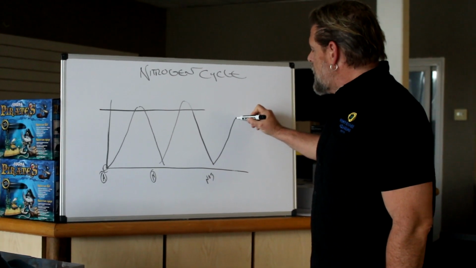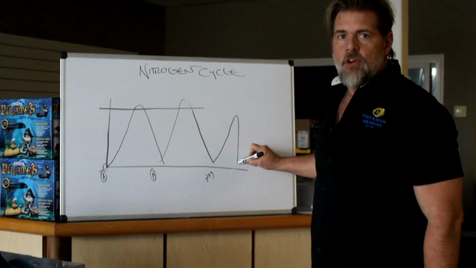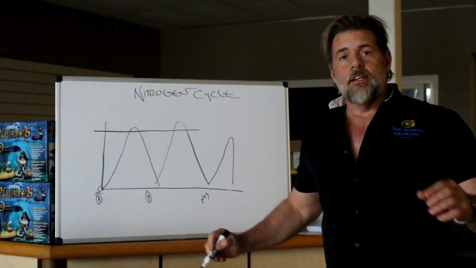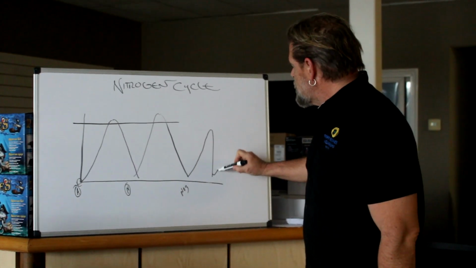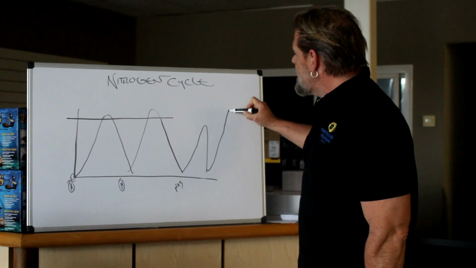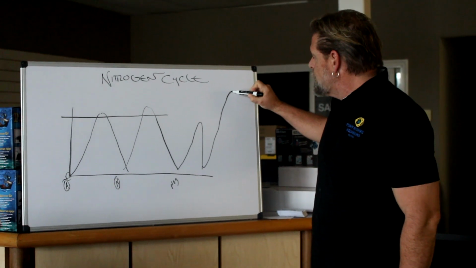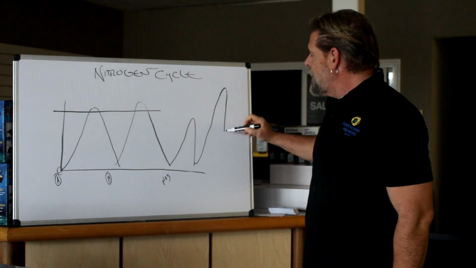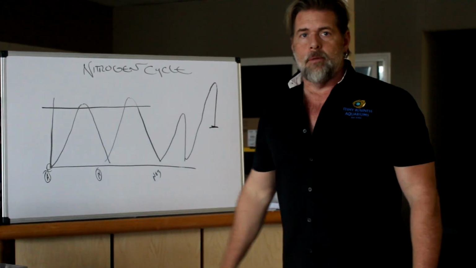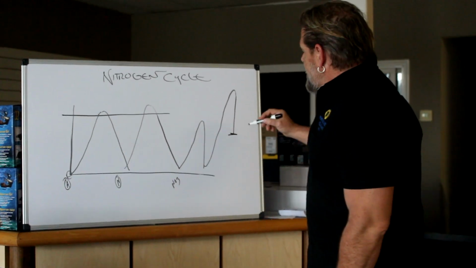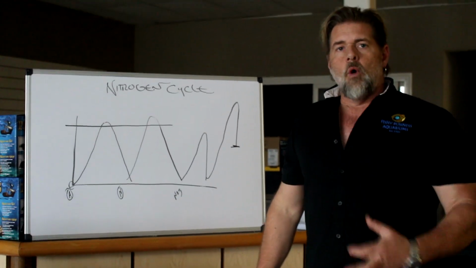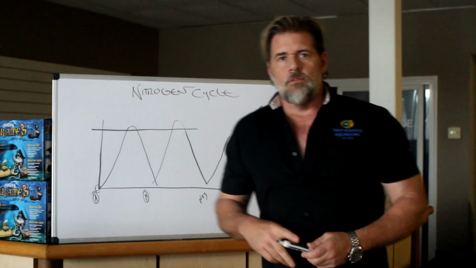And when you do your water changes, that knocks the nitrate down. But in a situation where you let your water changes go for a long period, that nitrate, the byproduct of nitrite, keeps climbing, and then you do a water change and it knocks it down, but as you notice, it doesn't knock it back down to zero. That is a very important thing and why water changes need to be done on a regular basis.